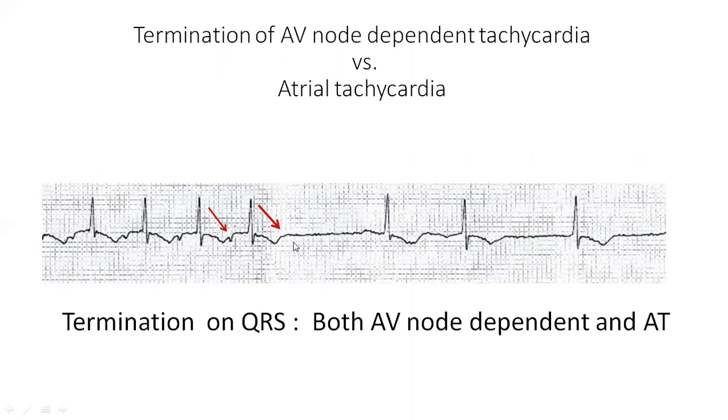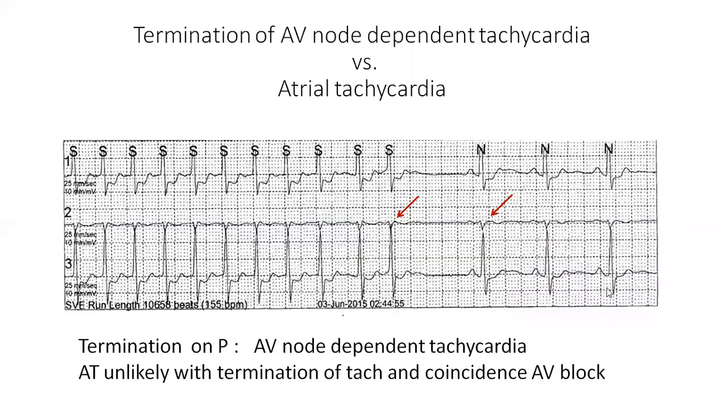What is the last signal on the tachycardia? It's a QRS, right? So it terminated on a QRS. There's no P wave here after the one that was coming before. So the last signal is a QRS. When it terminates on a QRS, it can still be an AVRT, it can still be an atrial tachycardia. So you will need more information. This spontaneous termination did not help you.